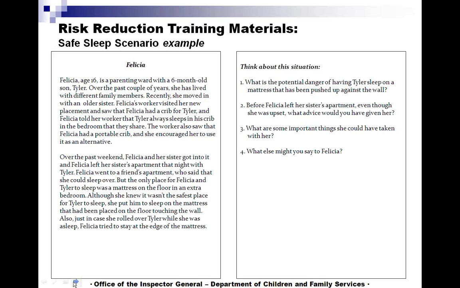scenario, and some of the prompting questions that we ask are: what is the potential danger of having Tyler sleep on a mattress that's been pushed up against the wall? Or we might say, for example, in general, what is the danger if a child is sleeping on an adult bed? And it really generates a lot of discussion, and sometimes I think an awful lot of judgment.